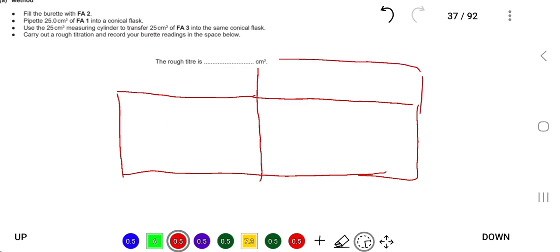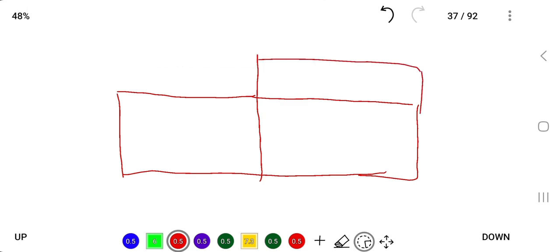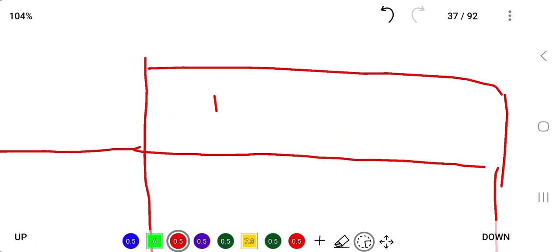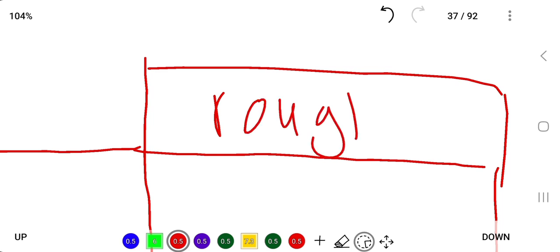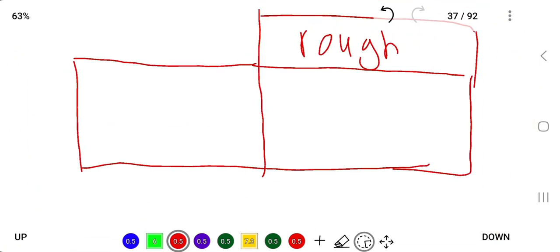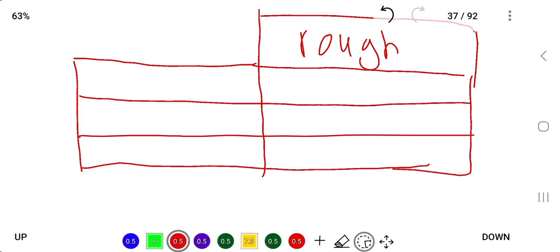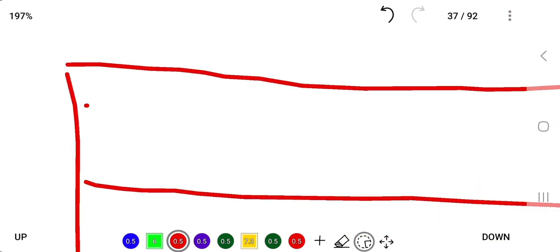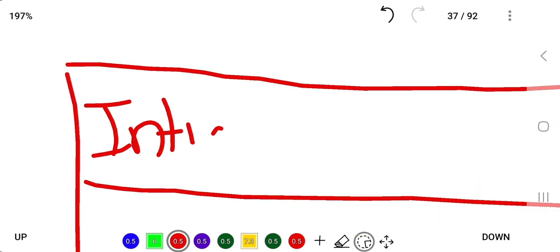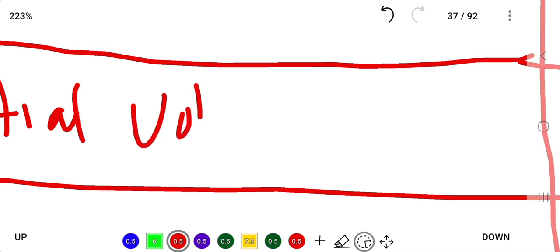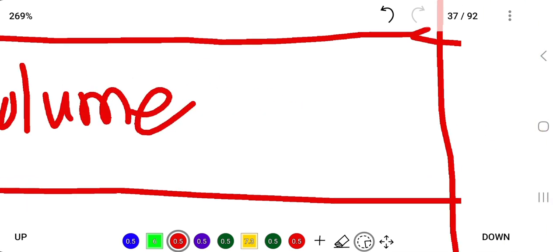Alright? So you write here rough, and then you will cut this into 3. Alright? You write here the initial volume. And there's also another point you need to focus on.